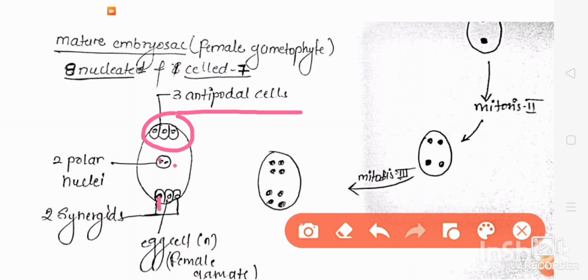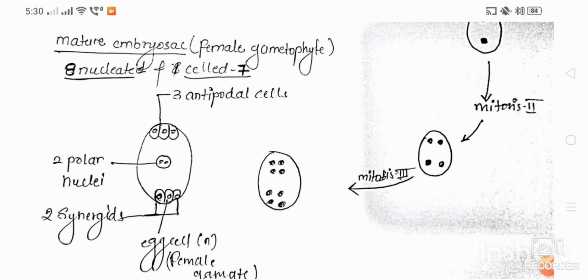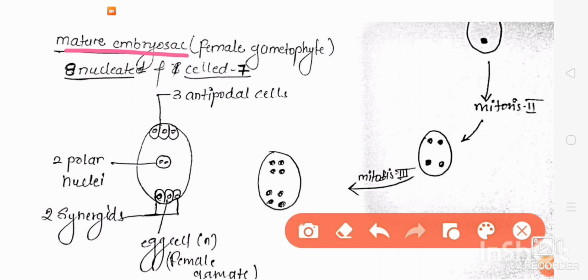There is a haploid egg cell with 2 synergid cells with filiform apparatus. So this is the mature embryo sac, that is the female gametophyte, which is 8 nucleated and 7 celled.